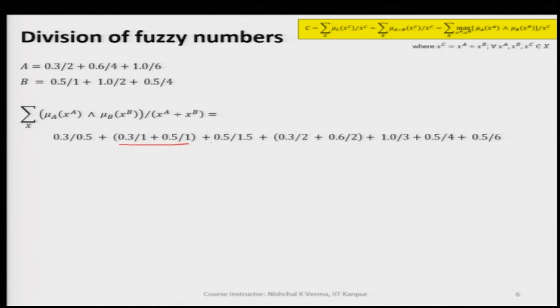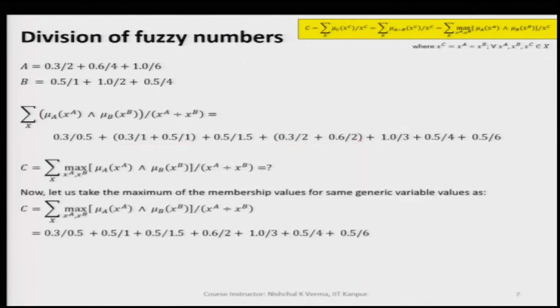So, we have written it here, and we see that when we apply the max criteria, we get C equal to 0.3 by 0.5 plus 0.5 by 1 plus 0.5 by 1.5 plus 0.6 by 2 plus 1.0 by 3 plus 0.5 by 4 plus 0.5 by 6.